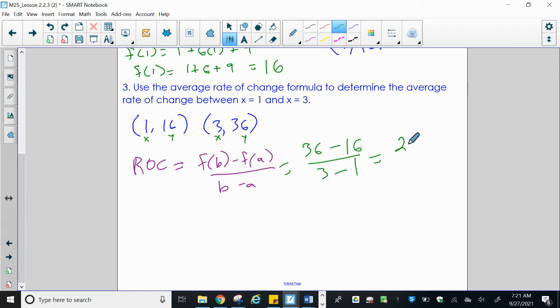So this will give us 20 over 2, which is 10. So that'll be our answer of 10. So say the rate of change over, and you'll see brackets used to represent an interval, the interval from 1 to 3 is 10.